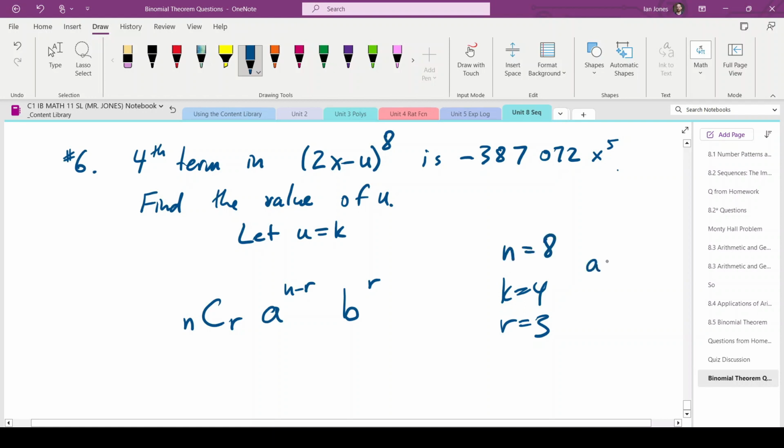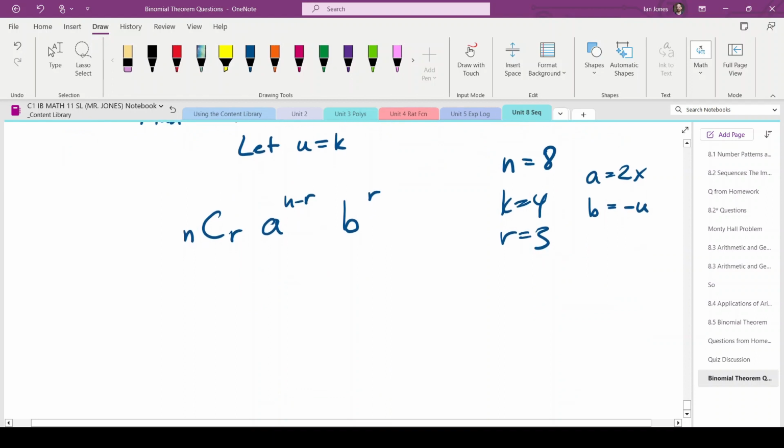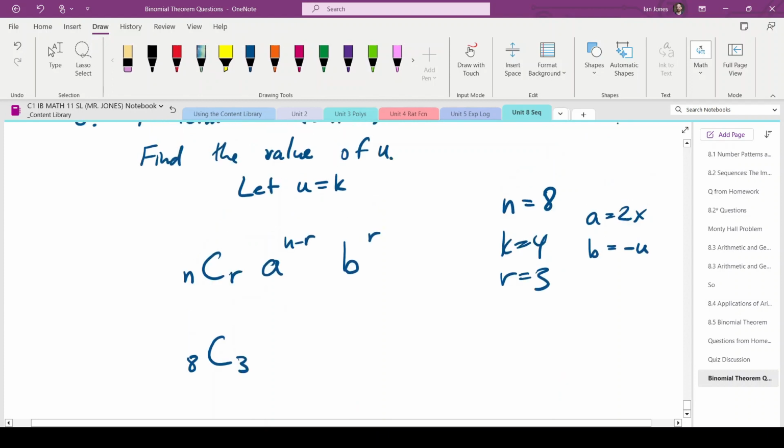And I know my a is 2x, and I know my b is negative u. So all in all then, in this term, I have 8 choose 3, 2x to the 8 minus 3, negative u to the 3.